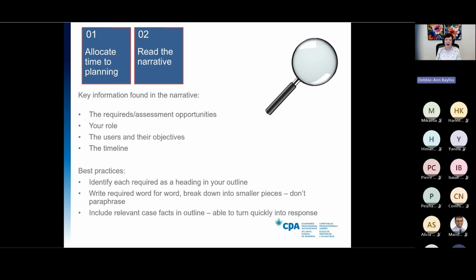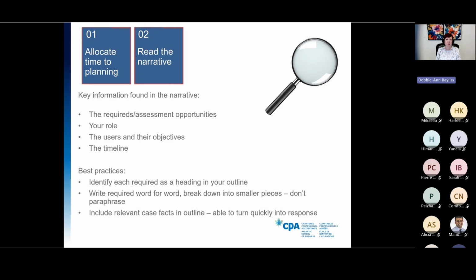Some of the best practices as you create your outline is to make sure that you use the required as a heading in your outline. And again, as I said, I need to repeat this. Make sure that you write the required word for word and break it down into smaller pieces.